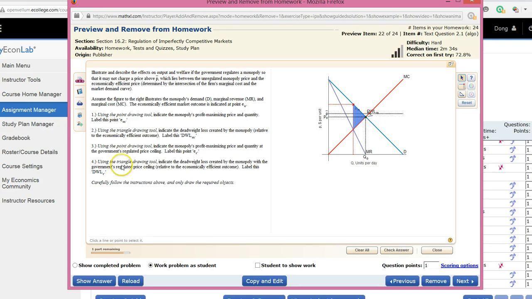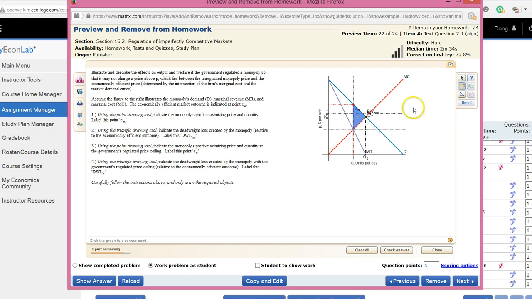Third, using the point drawing tool, indicate the monopoly's profit maximizing price and quantity under the government regulated price setting. The price setting is P bar here, and under this P bar, the quantity is set by the demand curve.